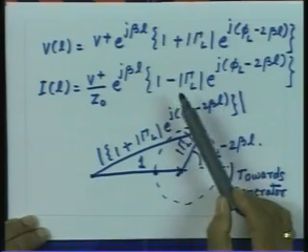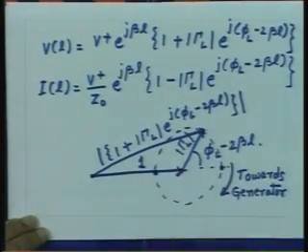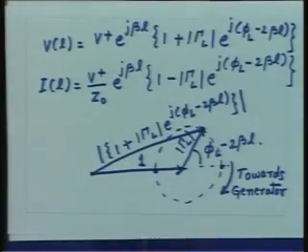Or in other words, on the transmission line, if I measure the magnitude of the current and voltages, the maximum current and maximum voltage do not occur at the same location, rather they are staggered in space. Wherever there is a maximum voltage, there is minimum current and vice versa. So, the standing waves of the voltage and current are shifted with respect to each other in space on the transmission line.